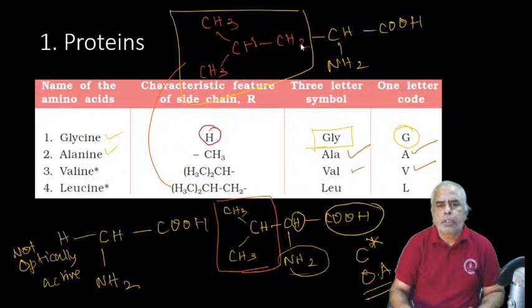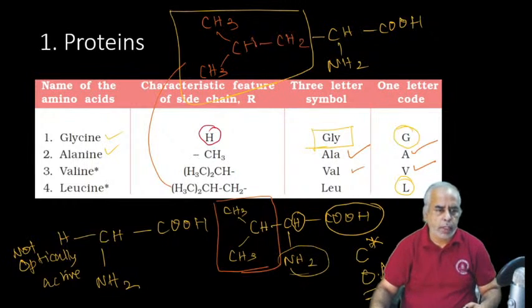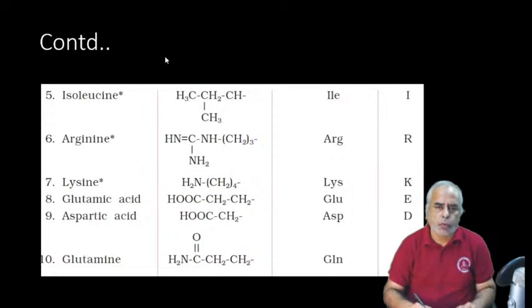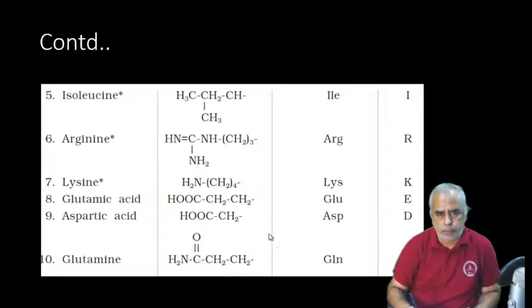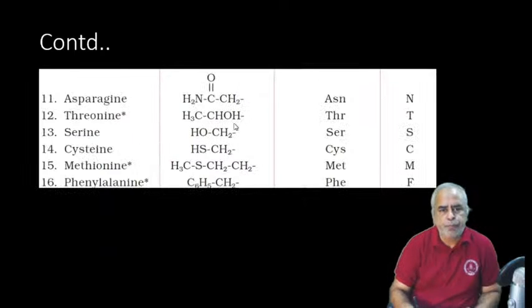Now, by introducing this isobutyl, you are able to get leucine, which is nothing but L. It is simply represented by L. So likewise, we can see the remaining 16 types of amino acids, like isoleucine, and then arginine, lysine, glutamic acid, aspartic acid, glutamine, and then asparagine, then threonine, serine, cysteine, methionine, and phenylalanine.